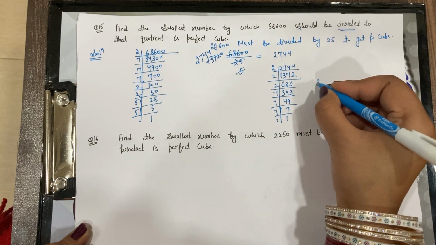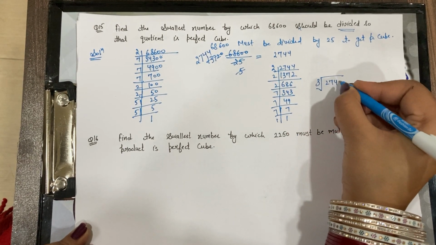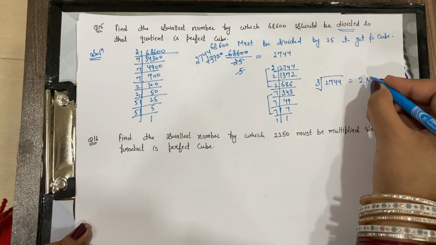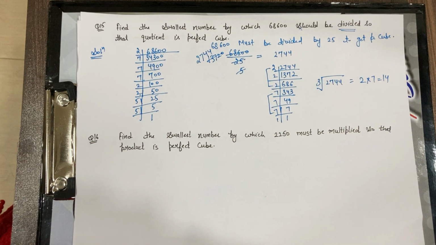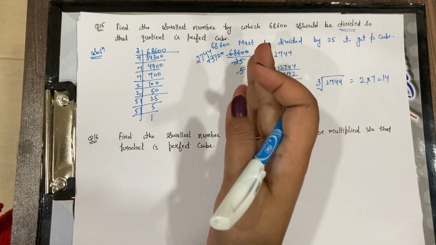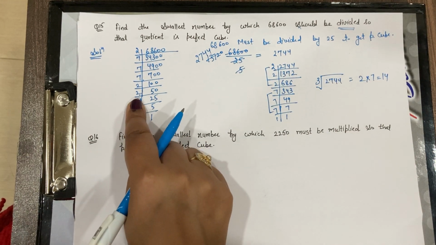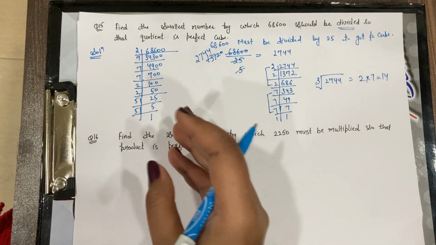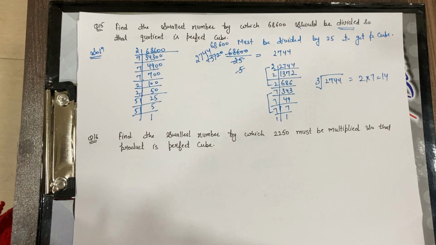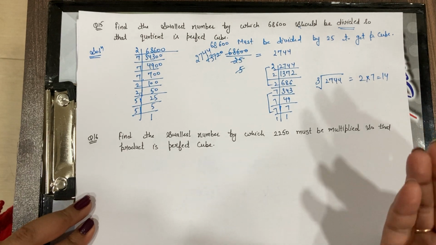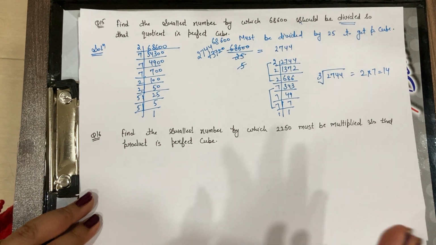See, out of these only 1, out of these only 1. So yes, it is a perfect cube. So wherever the concept is what should be divided, it means you have to remove the extra things. Whatever is extra you have to remove. 2 fives were extra, so 5 fives are 25. That was extra, so I have removed it.